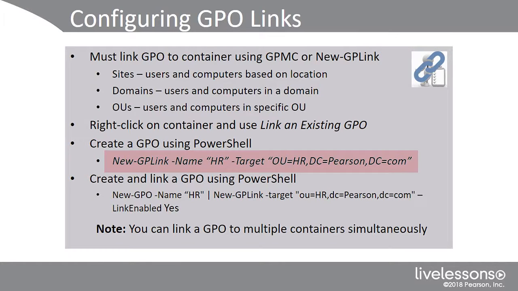You give it a name, you specify the target, and use the LDAP name. As we see here, we have OU=HR, DC=Pearson, DC=com. You can also create and link a GPO using PowerShell, and you'll use a combination of New-GPO along with a piping of New-GPLink that contains your target. And to expedite the link process, you can link a GPO to multiple containers simultaneously.